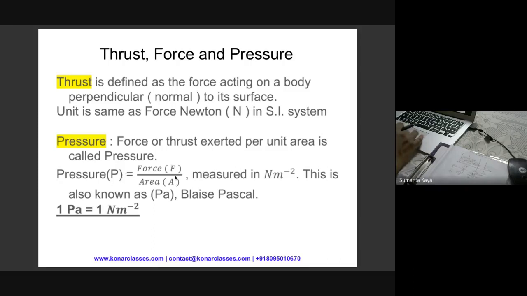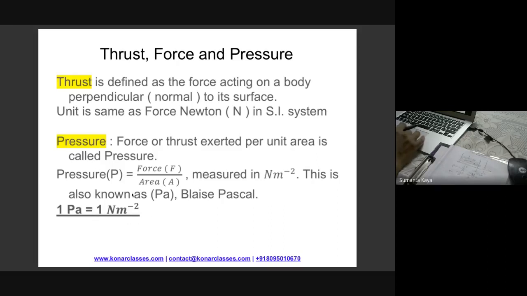Then the unit of pressure is Newton meter to the power minus 2, or Newton per meter square. And now it is denoted as Pascal. Pascal is a great scientist who has Pascal's law and a lot of other inventions. So in honor of that great scientist, we denote 1 Pa, 1 Pascal of pressure, equal to 1 Newton per meter square.